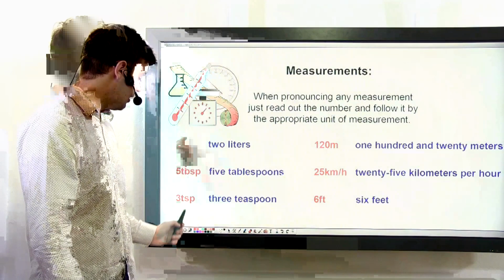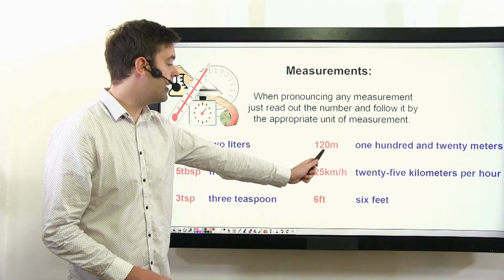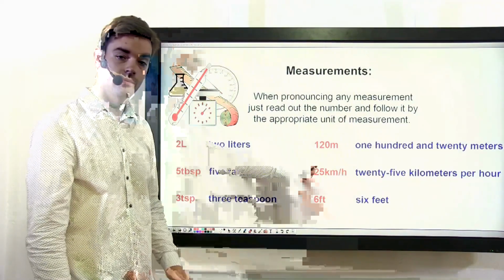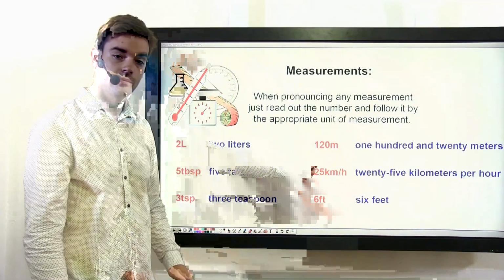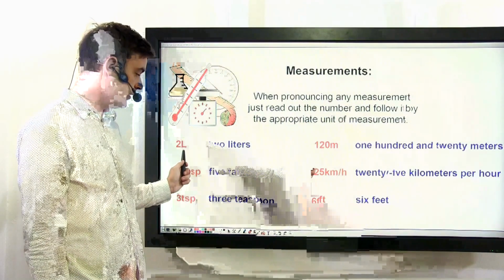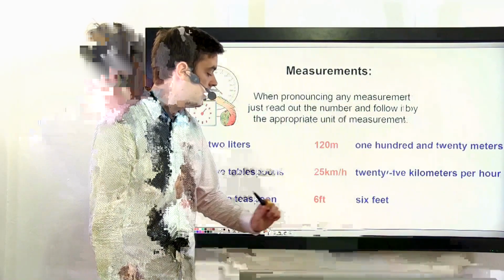Is 120. 6 feet. Two liters. Meters, 25 kilometers per hour, and 6 feet.